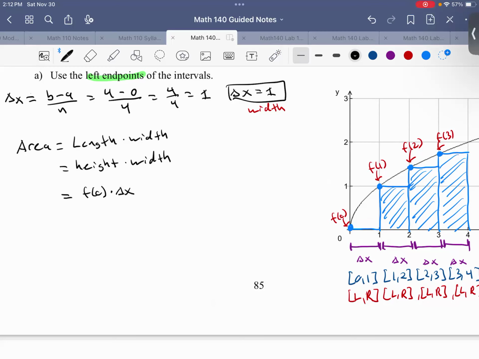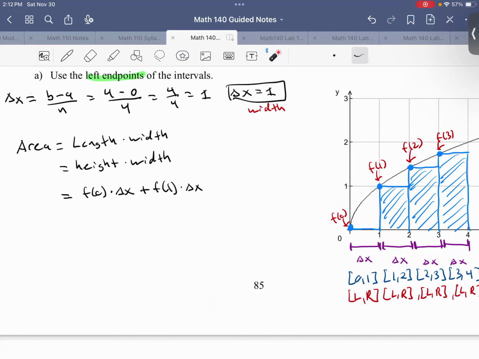I'm not even inputting any numbers yet. I'm just writing out what they are before plugging in numbers. So that's the first rectangle. And now the second rectangle, our height is f of 1, and our width is once again delta x. So f of 1 times delta x.